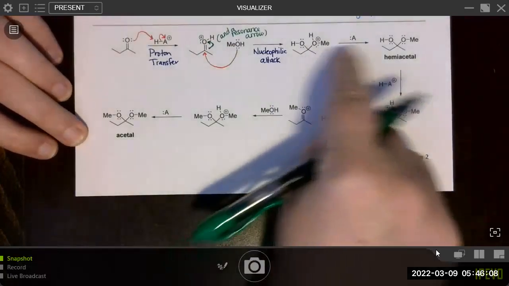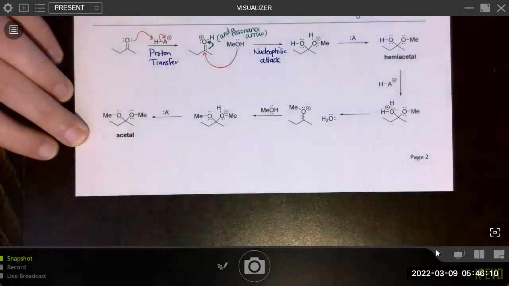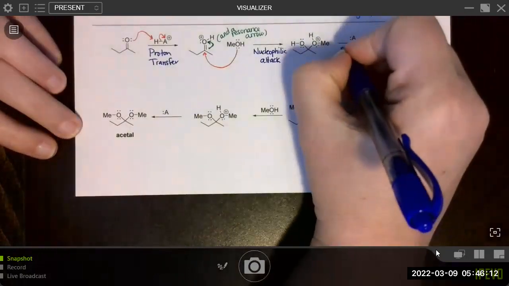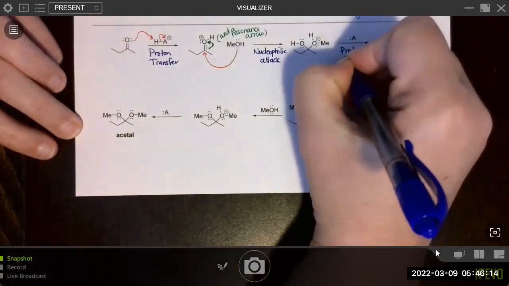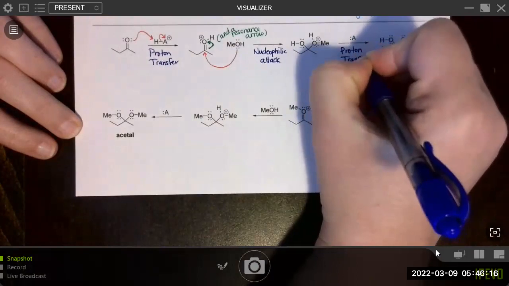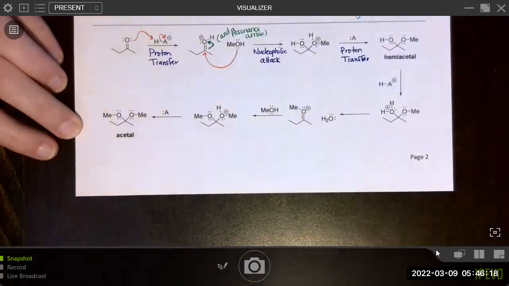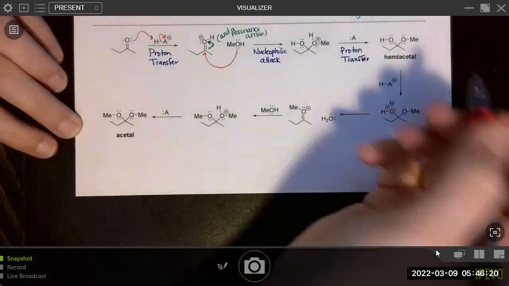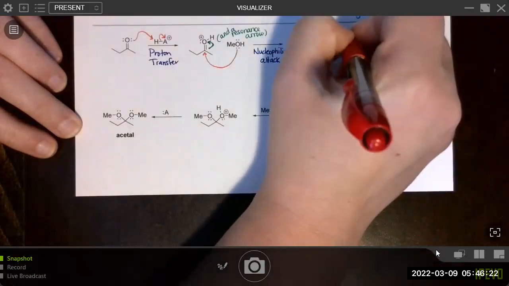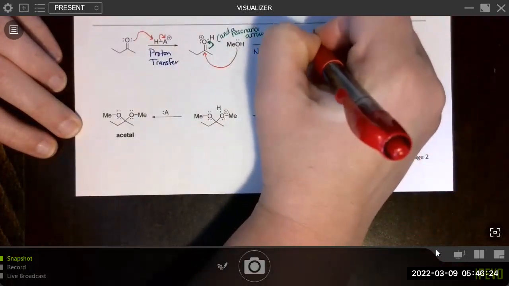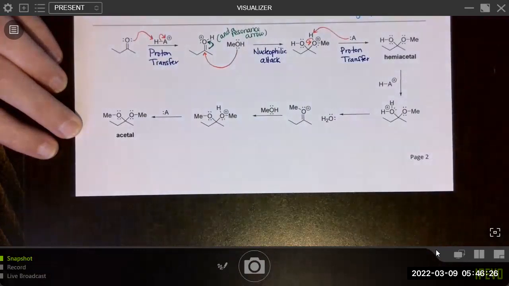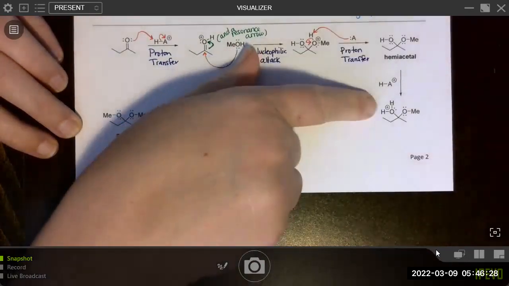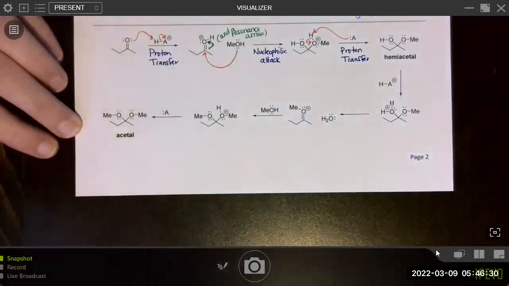From here to here, we have lost a proton, so this will be another proton transfer. Let's go ahead and draw the arrows for that. And then from here to here, we have another proton transfer.